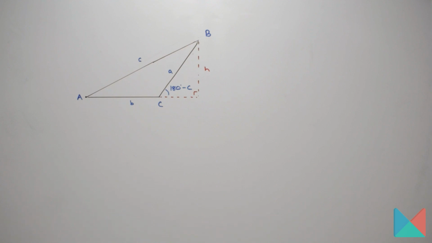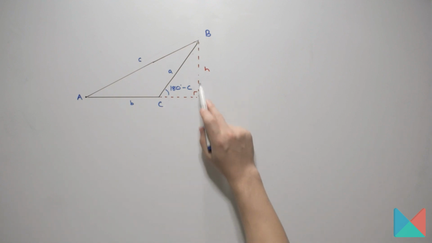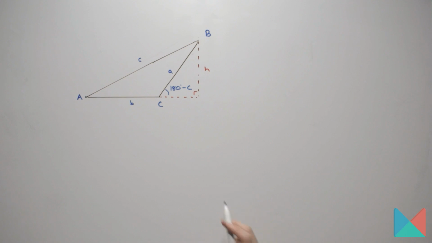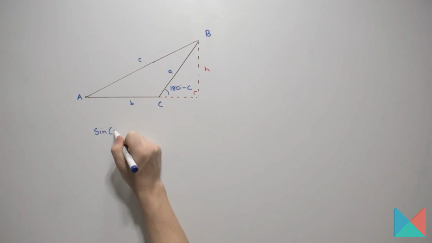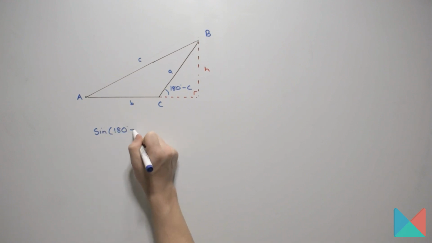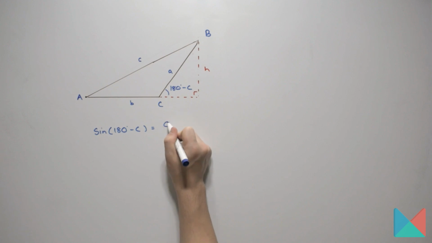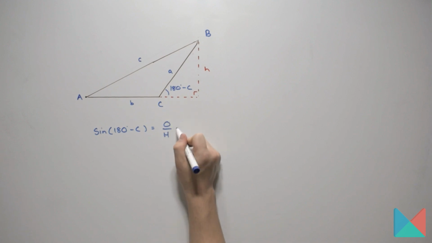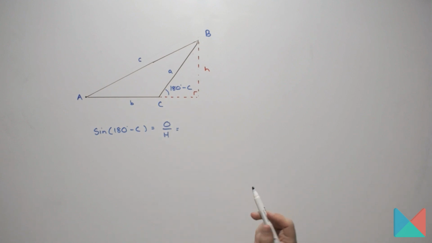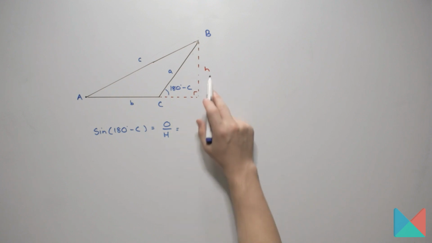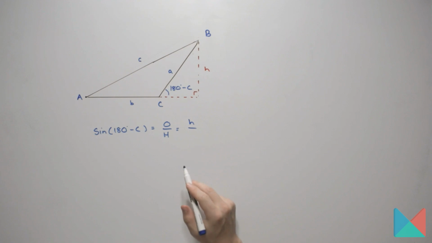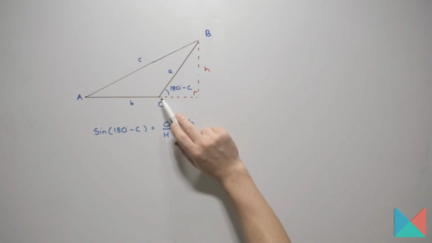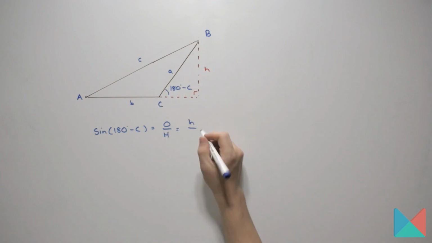And so what we're going to do is consider this right triangle here, and more specifically, the sine of this angle. So we have sine of 180 degrees take away C, which equals opposite over hypotenuse using our SOHCAHTOA mnemonic. Our opposite side is our height h of our triangle, and our hypotenuse is our side a.